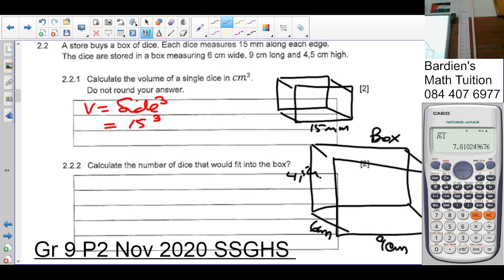It's the same. Okay. And they say here you do not round your answer. Okay, so that's probably in the next question. So that's going to give you 15 cubed, 3375 centimeters cubed. Not so, millimeters cubed.